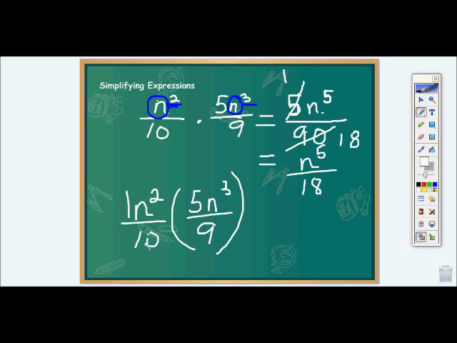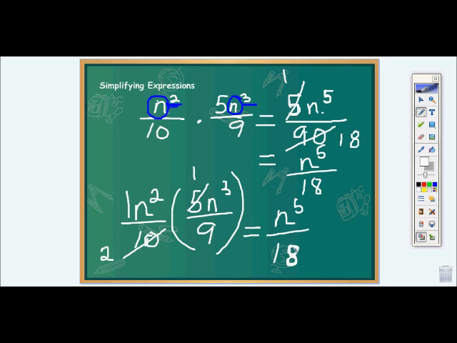But when I look at the next numerator, 5 and the opposite denominator, 10, can be reduced. So 5 goes into 5 once, and 5 goes into 10 twice. This one is much simpler. Now I have the same base, so I'm going to keep that as n. I'm going to add my exponents, so it's n to the 5th, and then 2 times 9 equals 18.